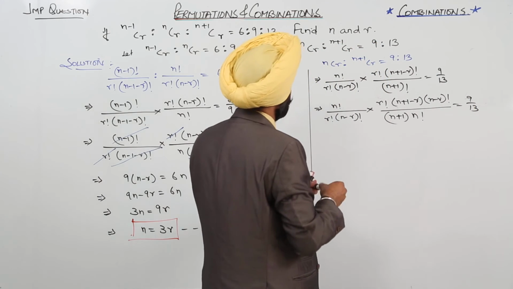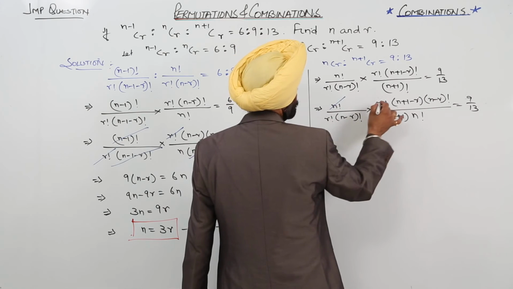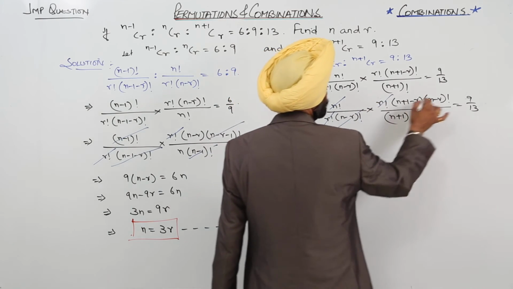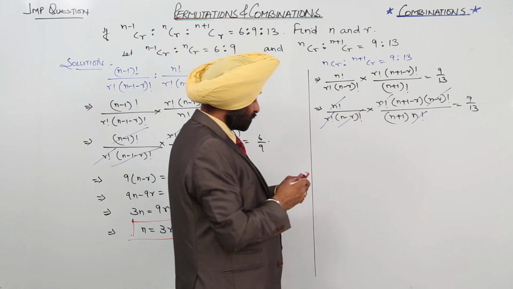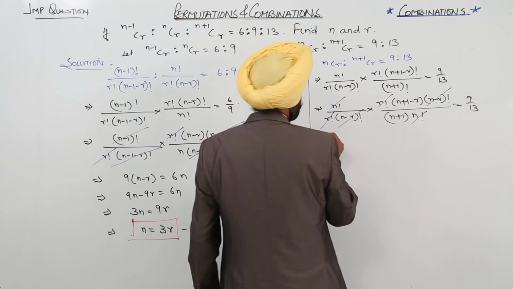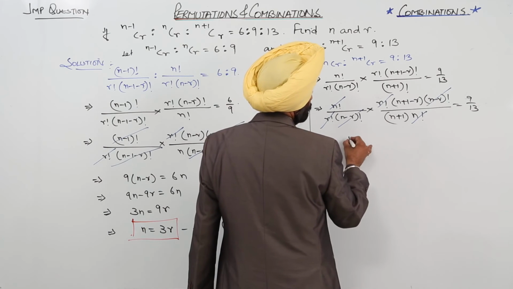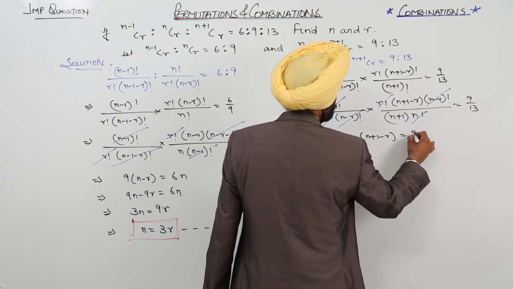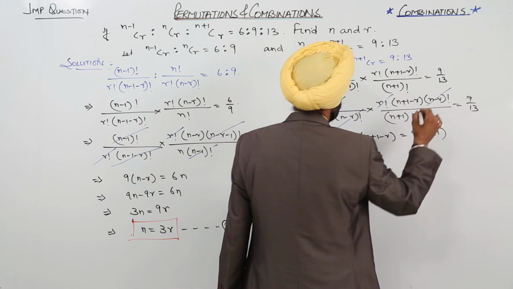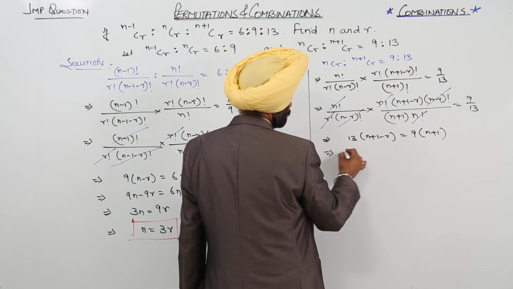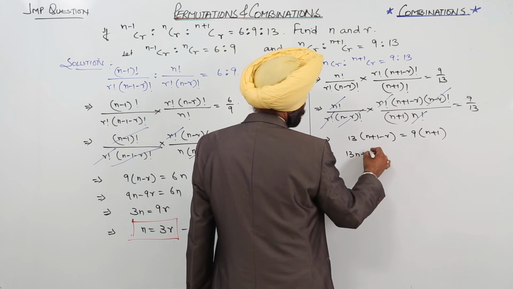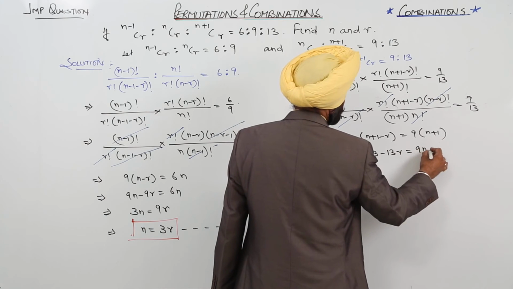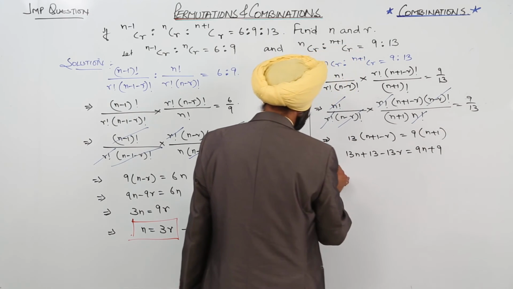Now check what is left. This cancels with n factorial, r cancels with this one, n minus r with this one. Okay, so we are left with now 13 times n plus 1 minus r is equal to 9 times n plus 1. 13n plus 13 minus 13r is equal to 9n plus 9.